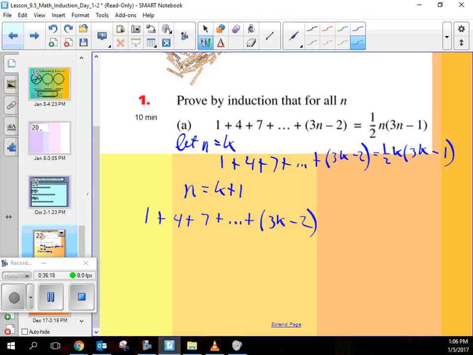Why did I write all of that? Aren't I going to replace that? Nope, I'm not. Just like I don't replace the 4 when I make the next term of 7, I leave the 4 in the list. That's all there, and I got a new last term, and it's 1 bigger than that. So I take this, 3K minus 2, and instead of K, I put what? K plus 1.